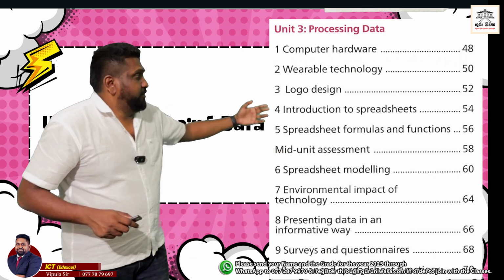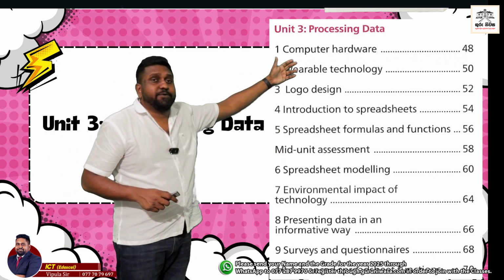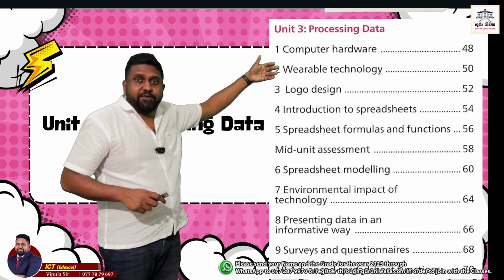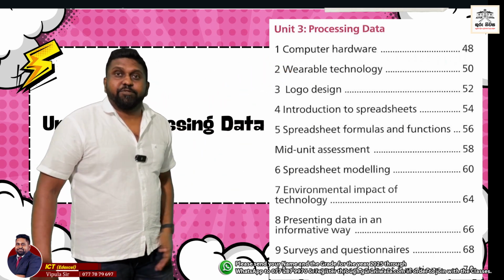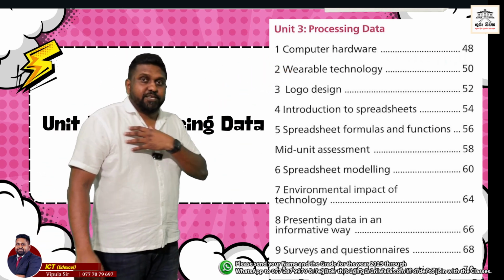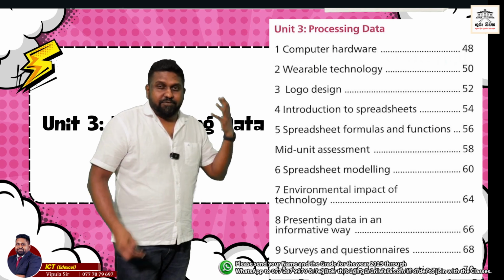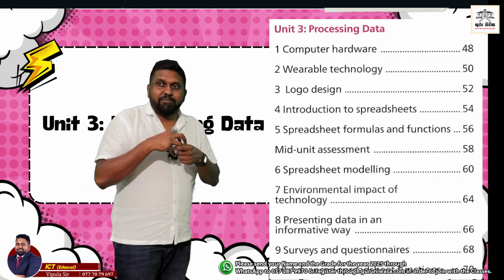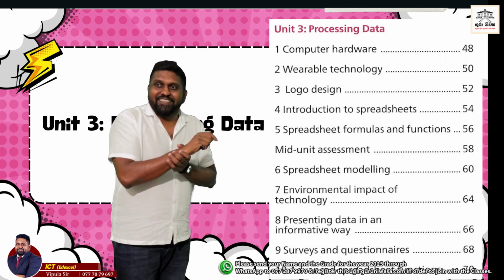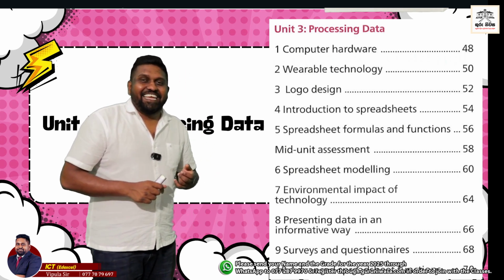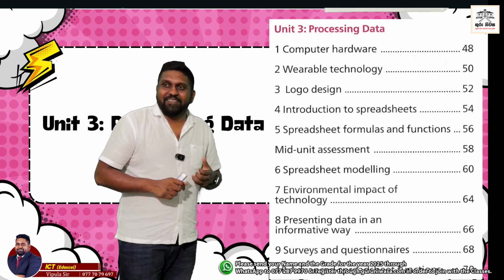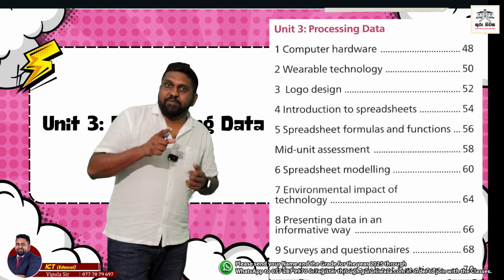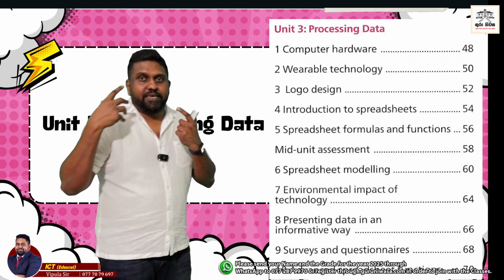Okay, perfect. So we learn a brief about computer hardware, and then we talk about wearable technology, different types of wearable technologies, smartwatches, bands. Now we have rings also, like wearable rings and wearable bands. And we do have different types. Cards, yeah. But wearable means you have to wear it at some point.